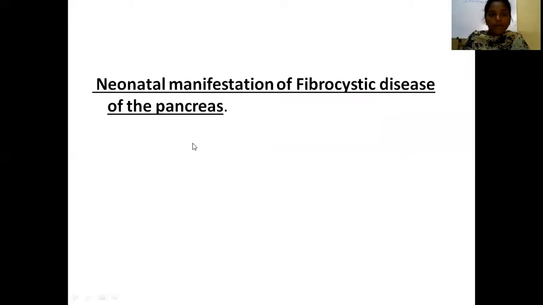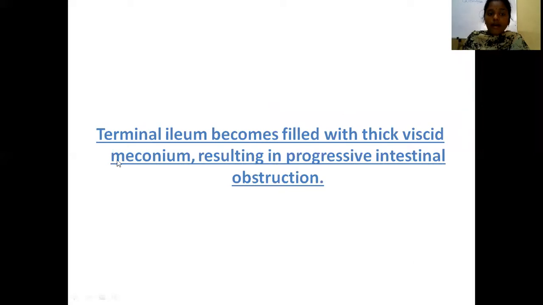Okay. So meconium ileus is the neonatal manifestation of fibrocystic disease of pancreas. By definition, you can say that the terminal ileum becomes filled with thick viscid meconium that results in progressive intestinal obstruction.